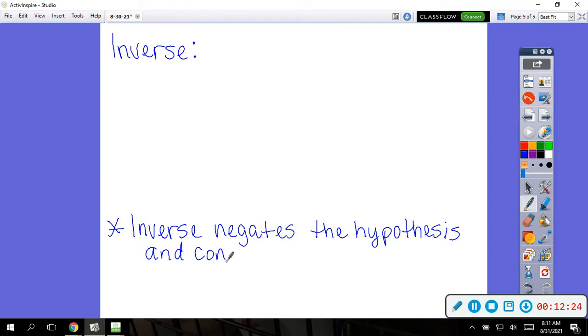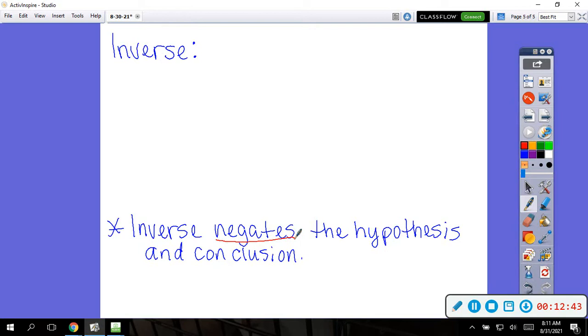N. That's how I remember it. Hypothesis and conclusion. So I remember that this one means negates because, when I say it, N for negate. And it doesn't start with an N, but I take whatever I can to help remember things.